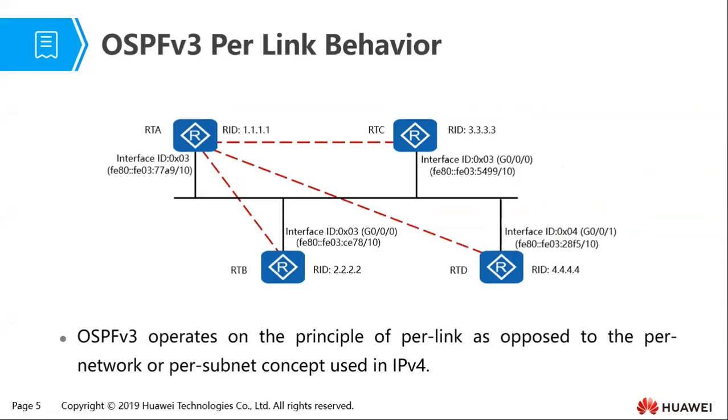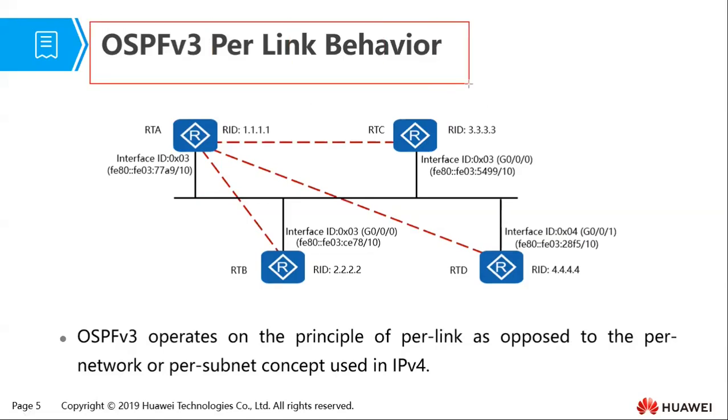So OSPFv3 uses what we call per link behavior rather than per subnet behavior. OSPF version 2 uses per subnet behavior. That is, in OSPF version 2, OSPF processes are only able to communicate if you're within the same network or subnetwork, meaning your network bits are the same.